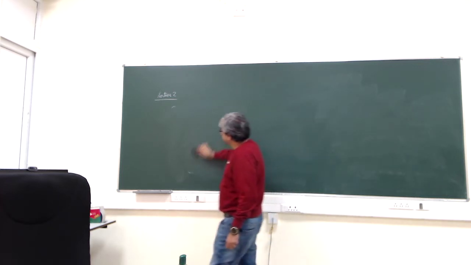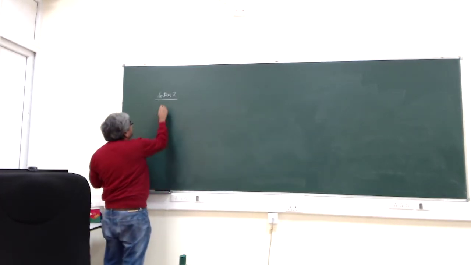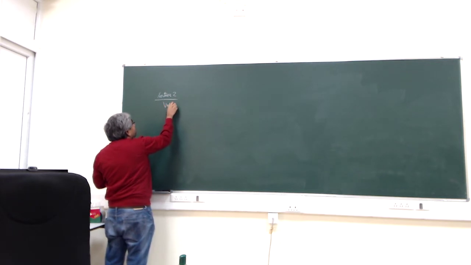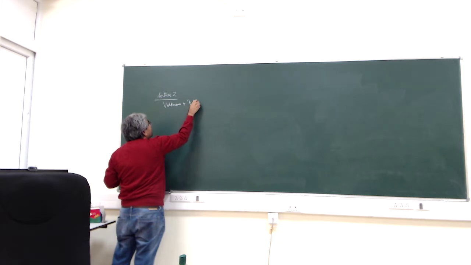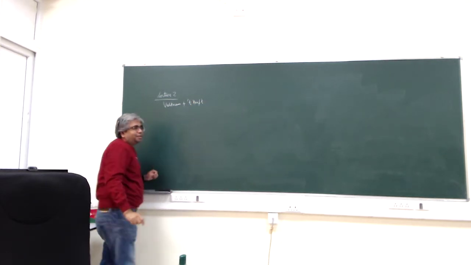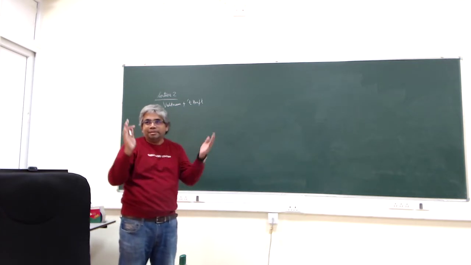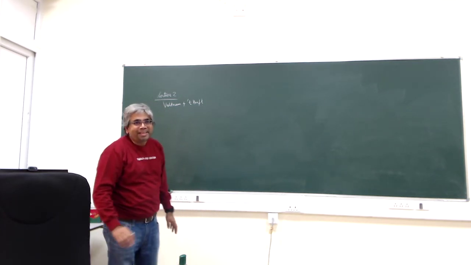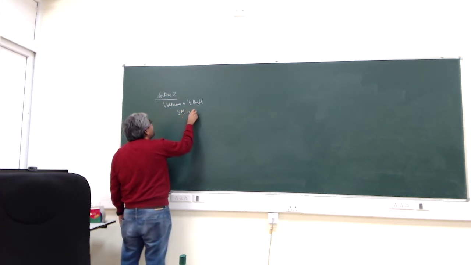Let me just say, believe that there are two gods called 't Hooft and Veltman, because I won't go through the details. And these two gods showed us that the standard model is renormalizable.